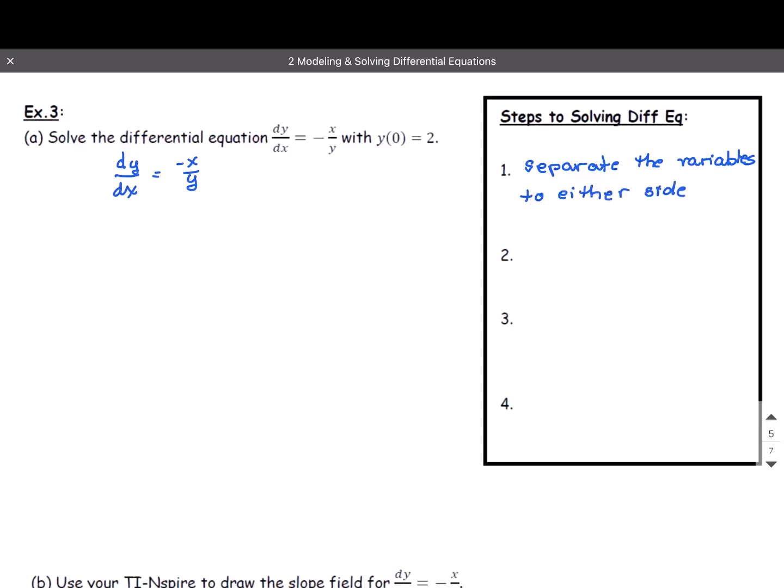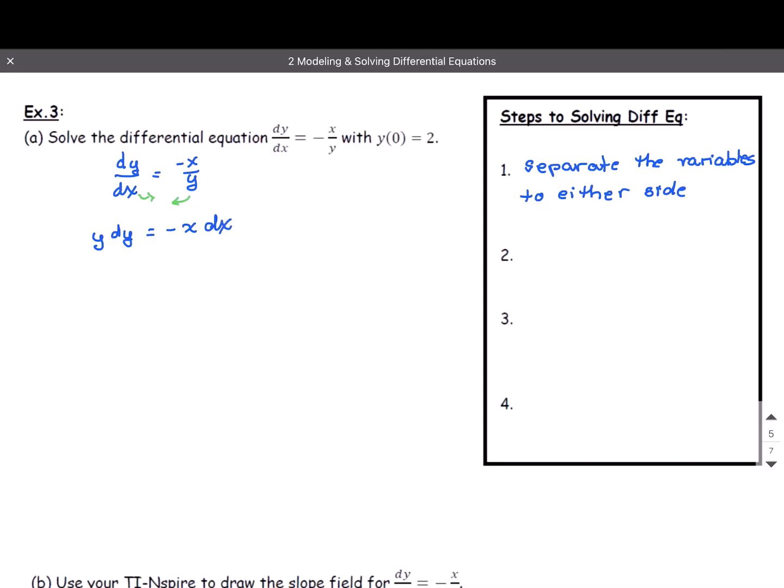So in other words, get all the x's on one side and all the y's on the other. So I need to move this y to the other side and this dx to the other side. So in order to do that, I'm going to multiply by y and I'm going to multiply by dx. Now I have the variables on the correct sides.